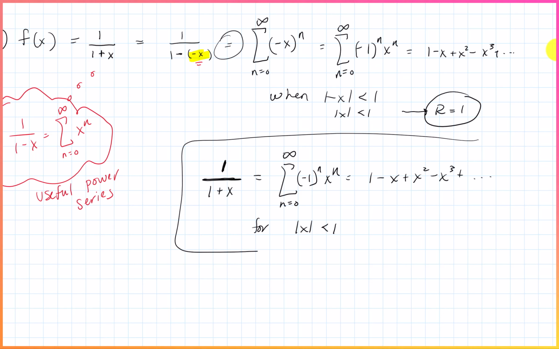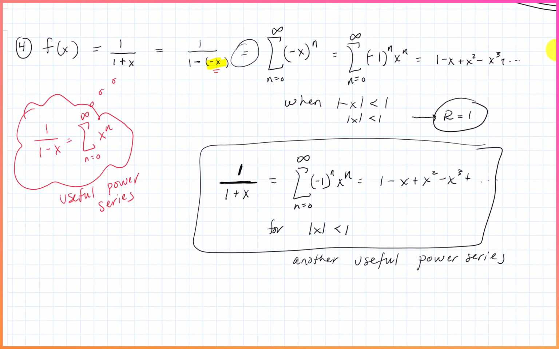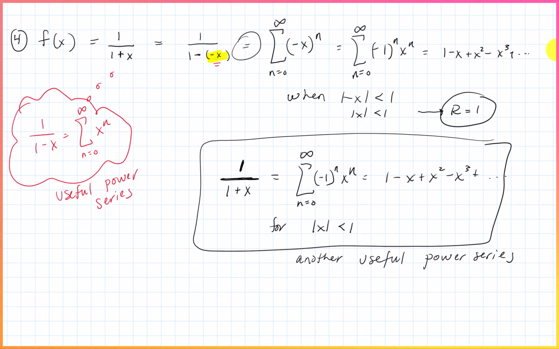So this is, again, another useful power series, that slight variation on 1 over 1 minus x. This is 1 over 1 plus x, and we get that useful power series just with the alternating sign, with the switch on it. So that's one nice thing that we can do. Once we've determined a power series for a given function, then we can manipulate it if needed for that given function.